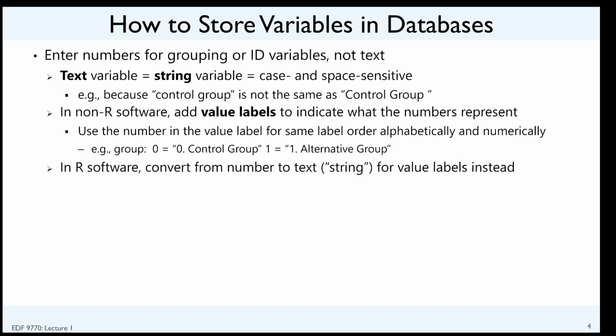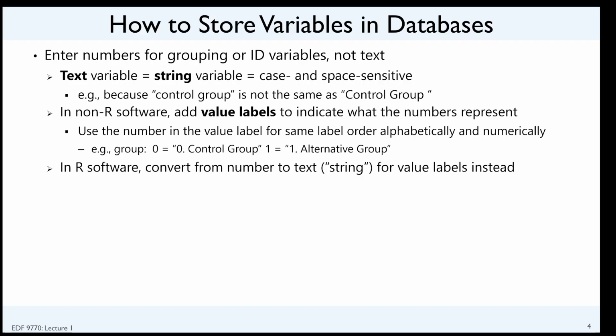So if you're entering data, that is a recipe for disaster to allow people to enter the text that they want. I know that in Excel and other packages, you can make drop-down menus where there are only certain choices. I would do it that way if you're working with people who need the labels. Otherwise, control group is 0, treatment group is 1. Storing it as numbers is going to be a lot more fail-safe.